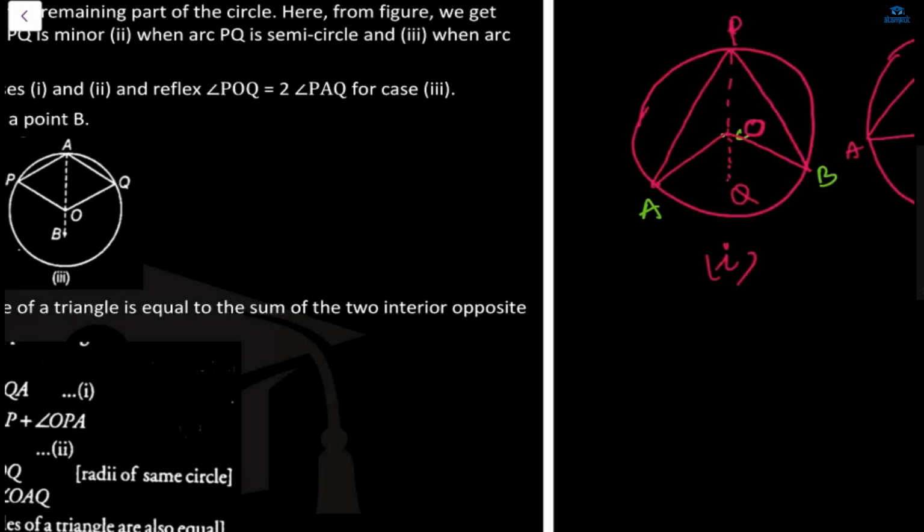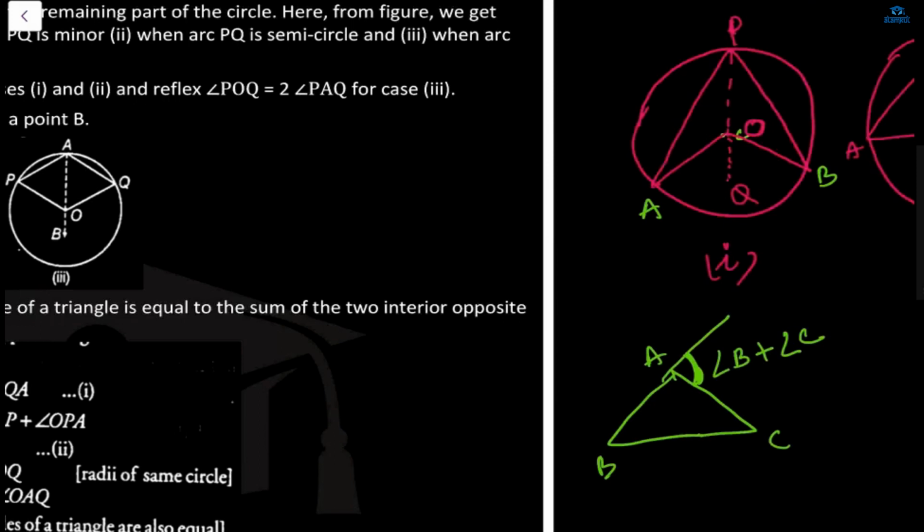Now everybody, I think you have learned in the triangle chapter that if this is a triangle, and I'm talking about this angle ABC, it will be equal to the sum of the two interior opposite angles. So it will be equal to the sum of angle B and angle C. You remember this?